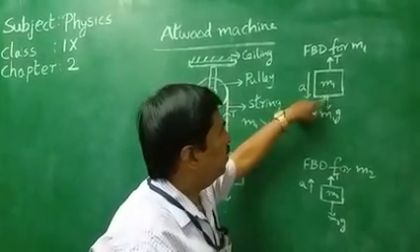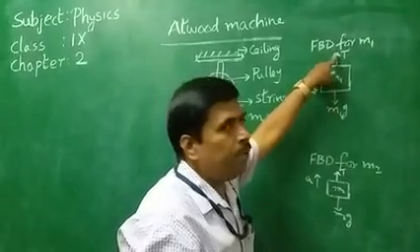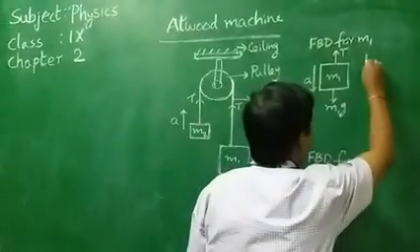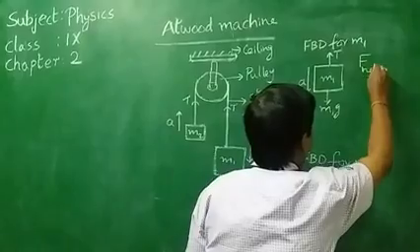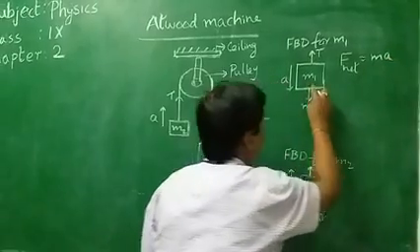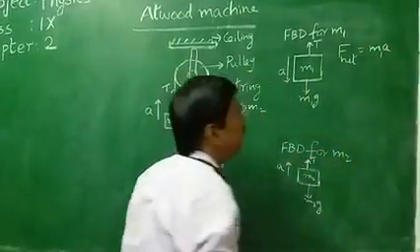One is the weight of the object, M1g, and the other is the tension acting in the opposite direction. Newton's second law gives F net equal to mass into acceleration. Here the mass is M1, so you get M1A.